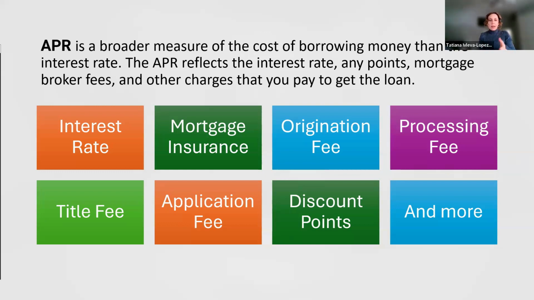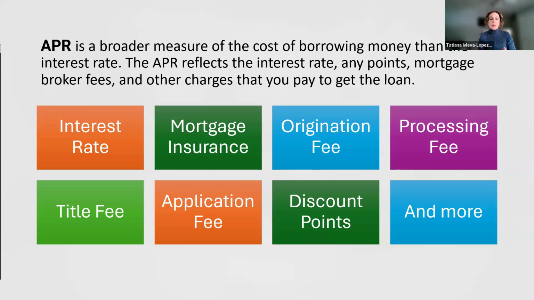So here I have a most common list of fees like mortgage insurance, origination fee, processing fee, title fees, application fee, discount points. The actual list can be Googled, and it could be like 25, 30 items. There are multiple websites that give very good information about it with the breakdown, what's included in the APR, what's not included.